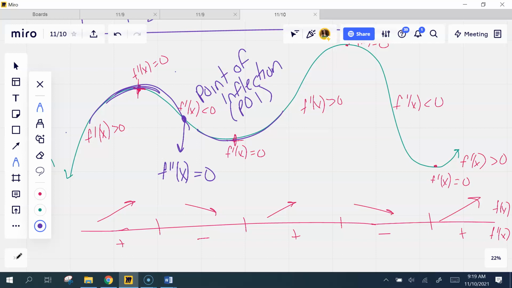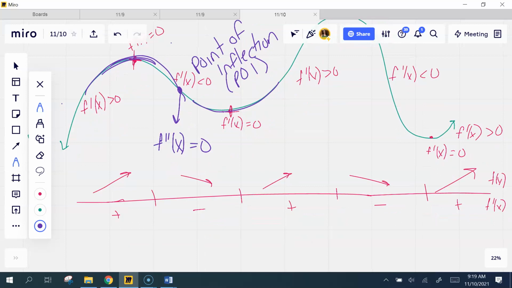Okay, now this is the slope of the slope. It's going into 6. So what we'll do is we will also have that on here, and it will tell us about the concavity of the graph.